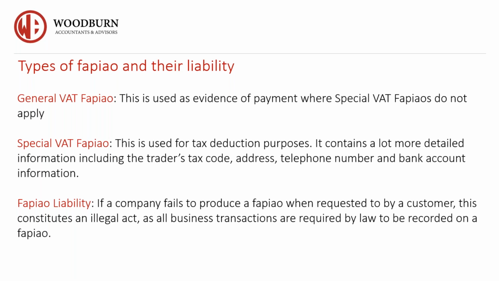It's not a joke, because what the tax bureau is concerned by is that these Fapiaos go on the black market and are illegally used and mistreated, which does happen. So these are vital documents, and penalties can be very high.